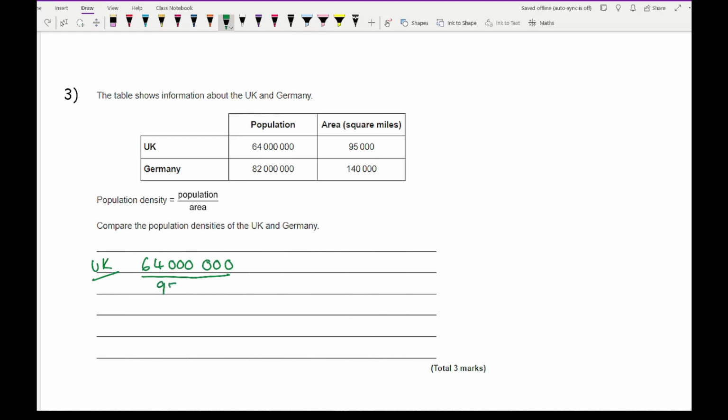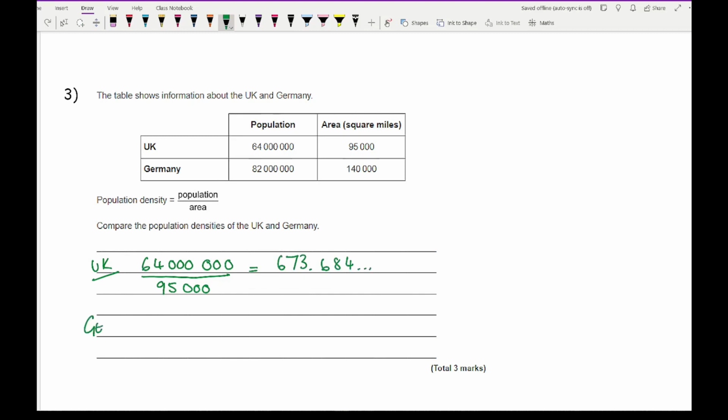But in this case, we're just given the raw numbers in ordinary form. So if I just do 64 million, 123, divided by 95 and then 3 zeros, press equals, and I get an answer of 673.684, and then just a few more digits.